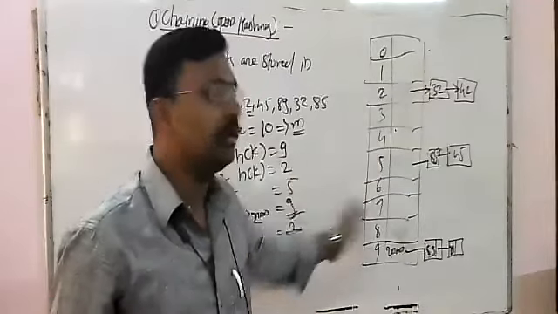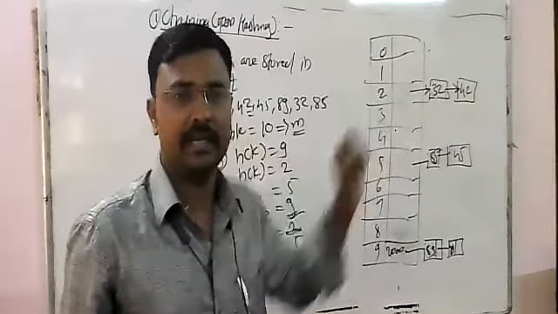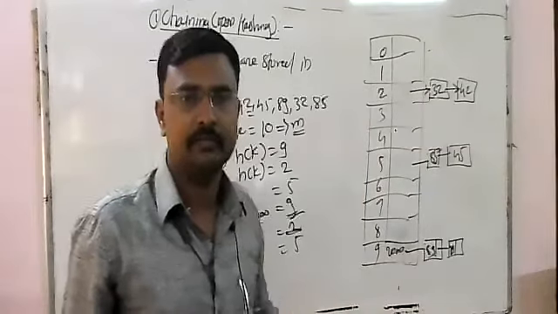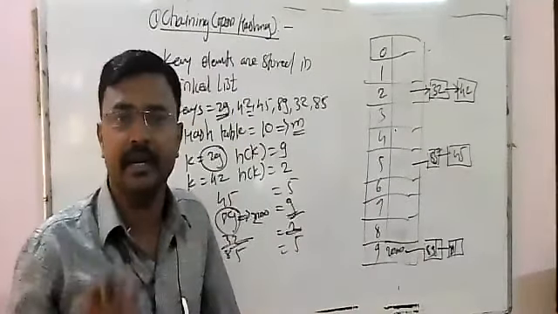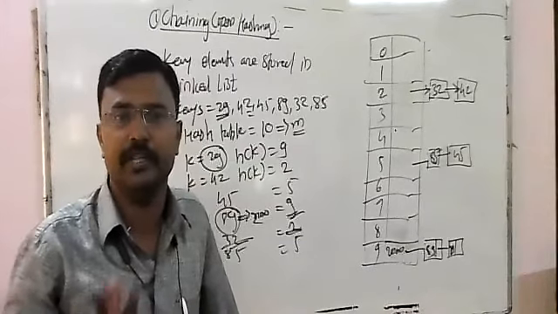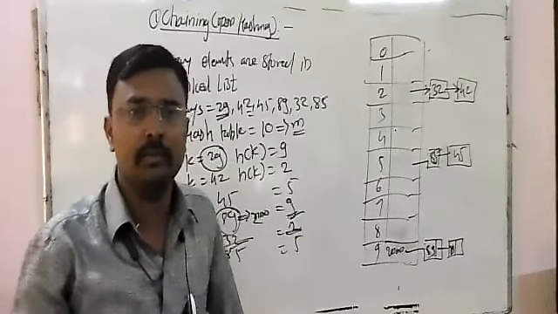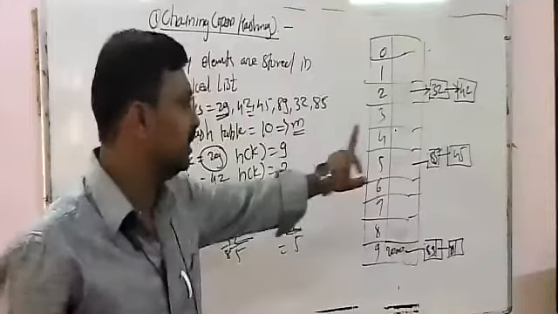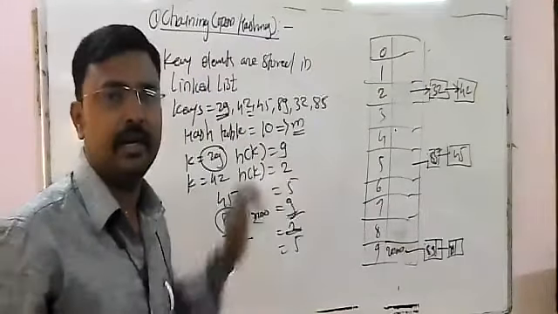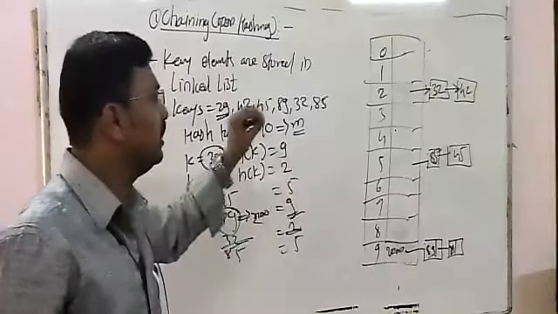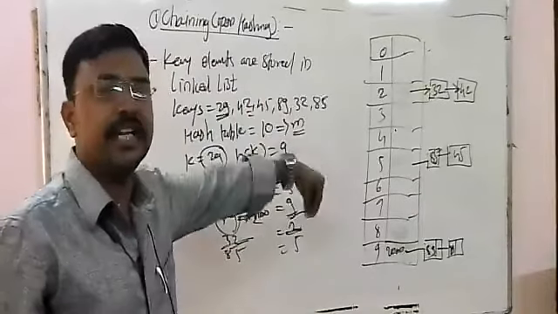Now you can insert any number of elements at the same index. There is no problem of collision. So this is the first technique, where we use the chaining method.